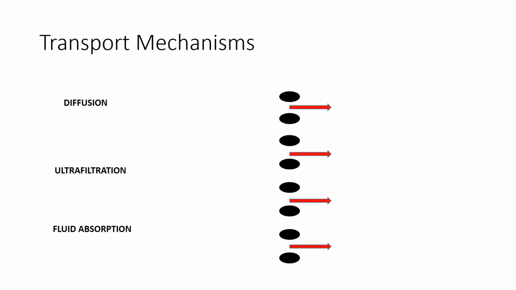So during this exposure, there are several mechanisms at play, some of which include diffusion, and I know that during diffusion, the speed of movement of molecules is determined by their concentration gradient.